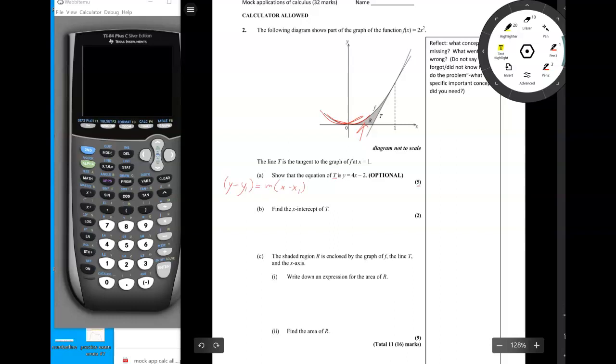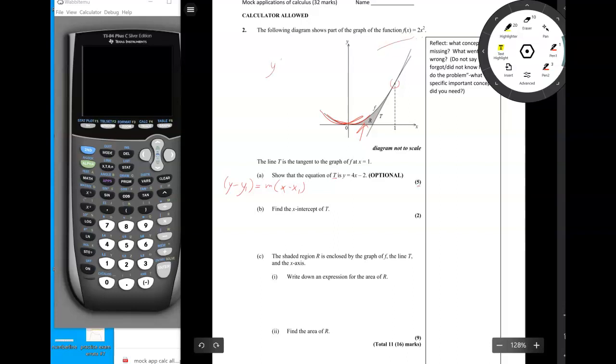So what we need to do is fill in x1, y1, which is a point on the tangent line, and we need to fill in the slope value of the tangent line. Remember, the tangent line has the slope of the curve at this point. The curve itself is 2x squared. The slope of the curve is the derivative, so we could find the m value by first finding the derivative of 2x squared.